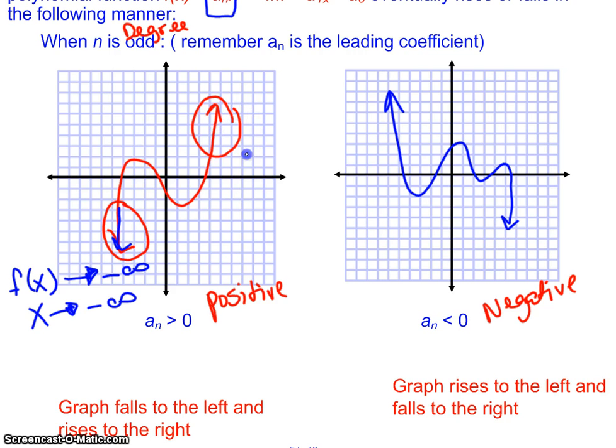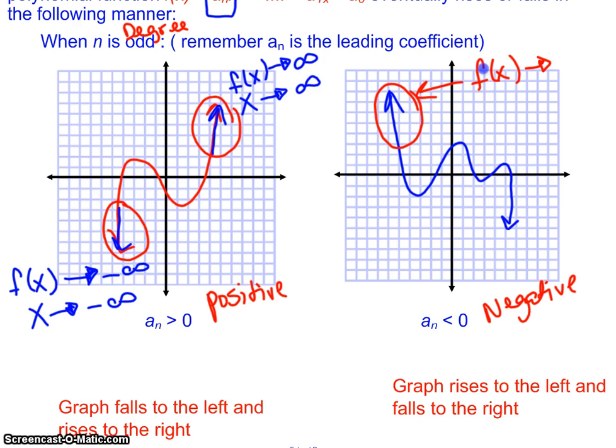On the right side, since you're talking about the right side, your x is going towards the right, positive infinity. What's your graph doing? It's going up. So f of x approaches positive infinity. Okay, let's take a look at the right graph. On the left, the end behavior, f of x is going up.